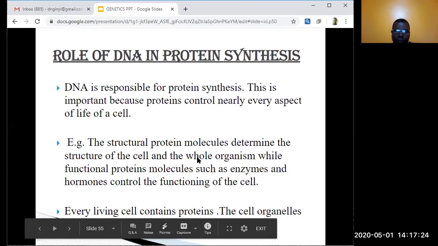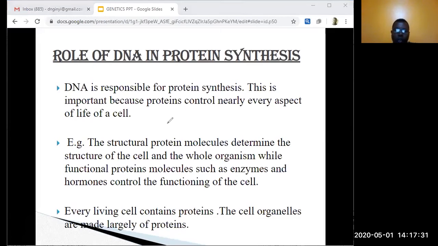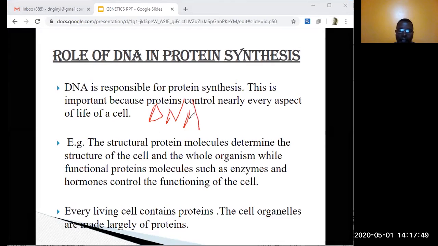As we move on, we need to understand what happens when proteins are being synthesized. What role does DNA play? When I talk about DNA, I expect that what comes into your mind is a gene.